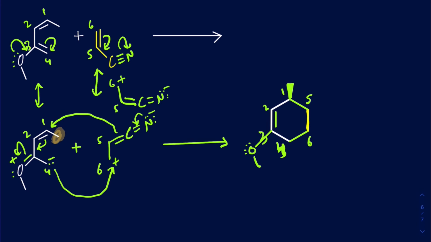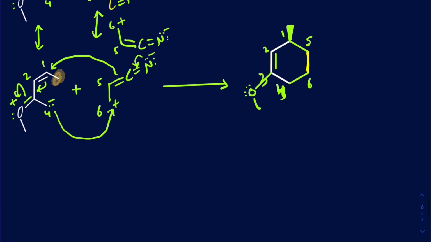So this needs to be endo, according to the rule, because remember this nitrile also has a double bond. So if it's going back into the page or pointed down, or another way of saying, if I momentarily draw this kind of pointed down, where this is 2, 3, and then I have 1 here, 4 here.